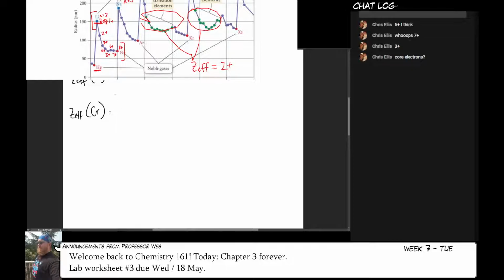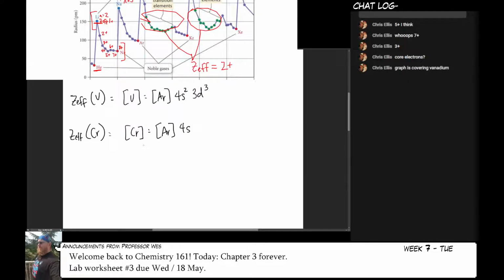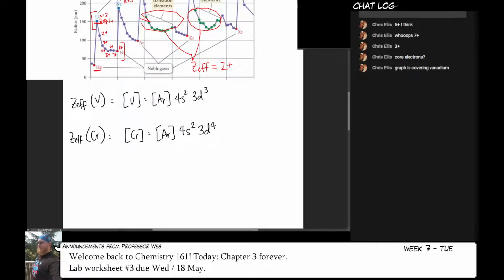So first, let's do the electron configuration for vanadium. We're going to just shortcut this. Argon, 4s2, 3d3. And for chromium, that would also be argon, 4s2, 3d4.